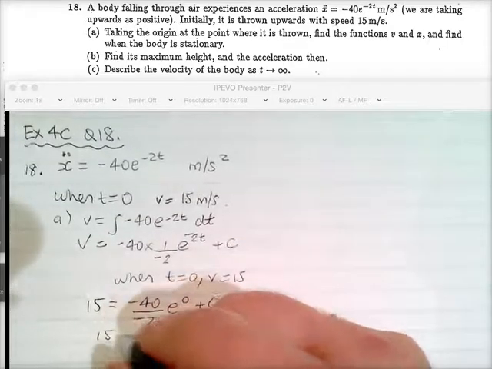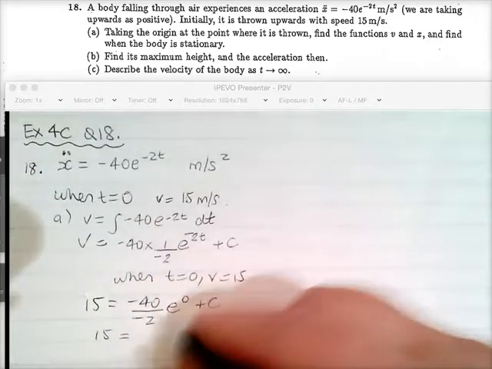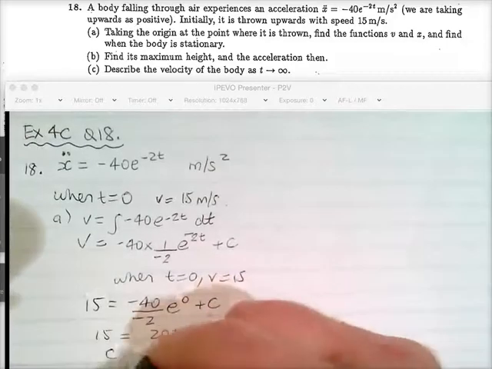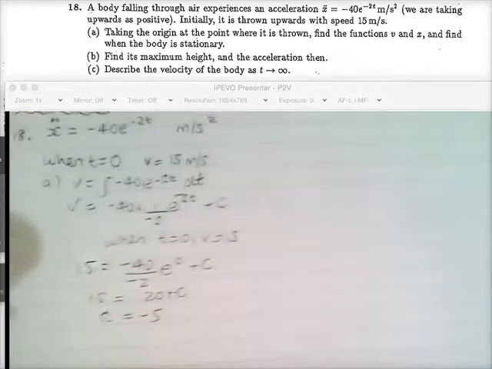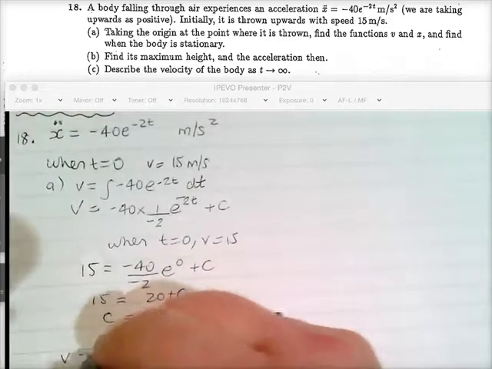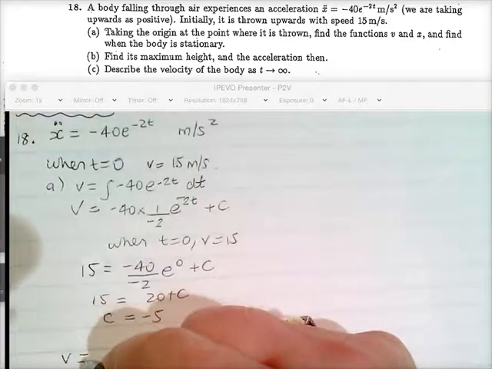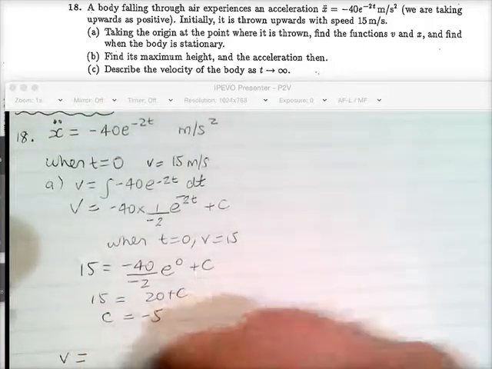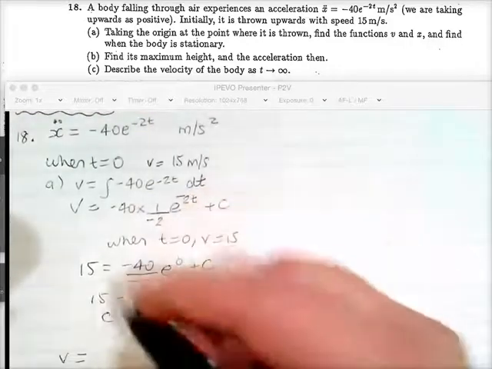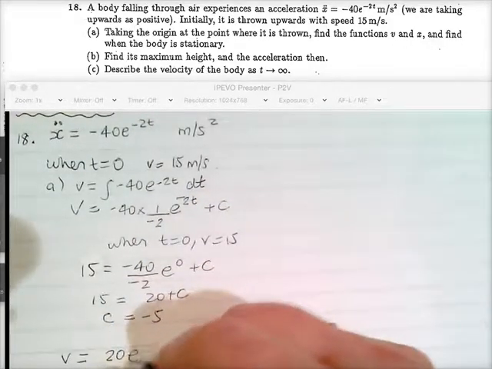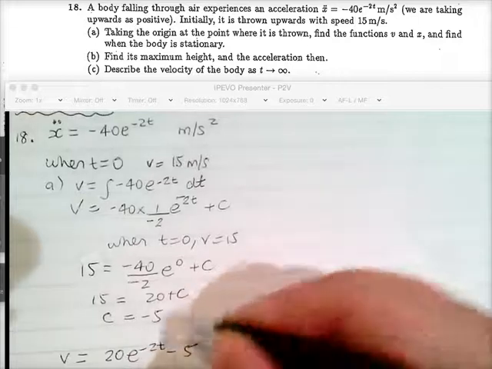So 15 equals 20 plus c, since e^0 is 1, which means that c is -5. And so v is equal to 20e^(-2t) minus 5.